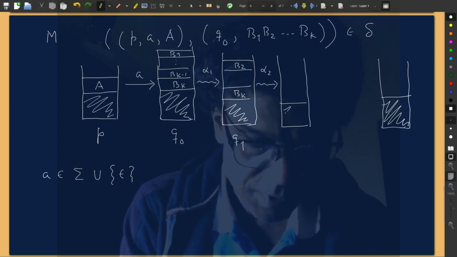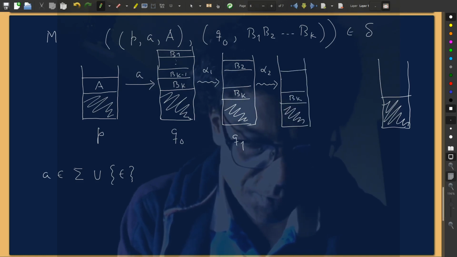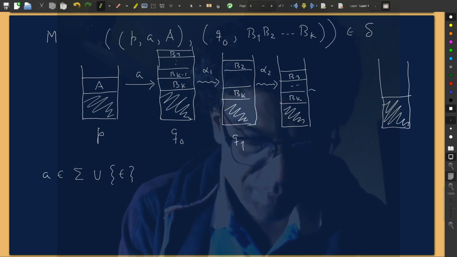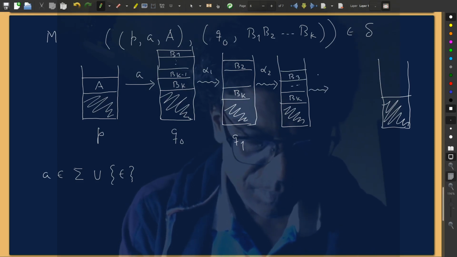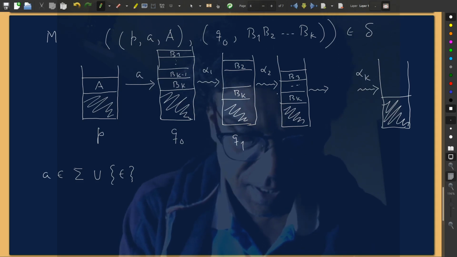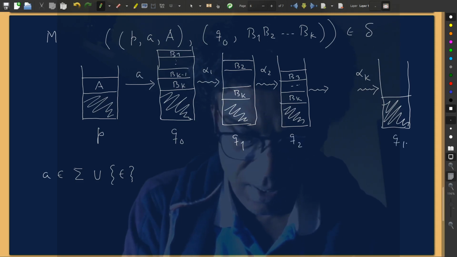So this part Bk is unchanged, B2 is got rid of, so this is B3. And this keeps on going. Eventually, after reading alpha k, it gets rid of this Bk. So this is state Q2, and this is some state Qk.